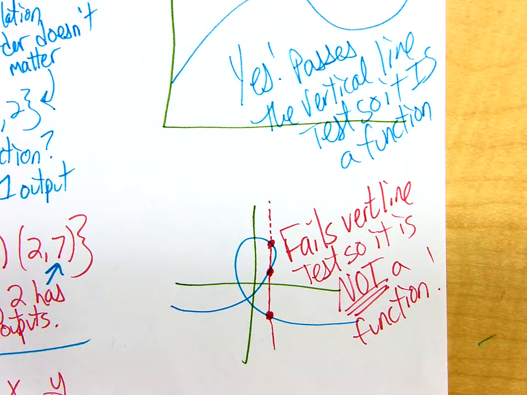So again, if any piece fails, the whole graph fails. Easy enough so far? You sure? Okay. So the next thing, let's pause right here.